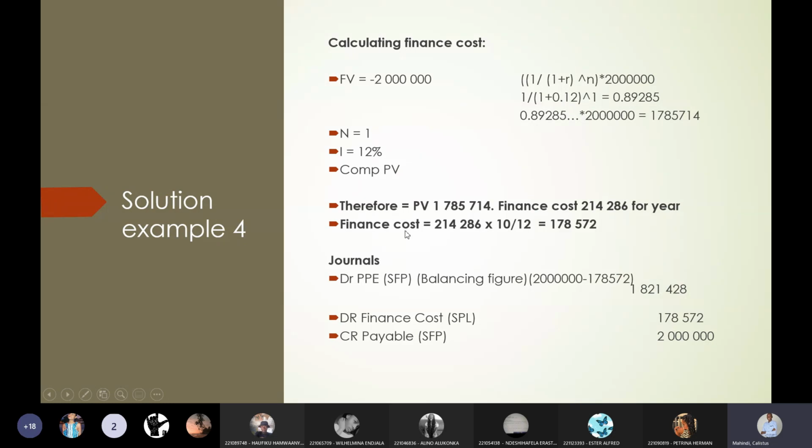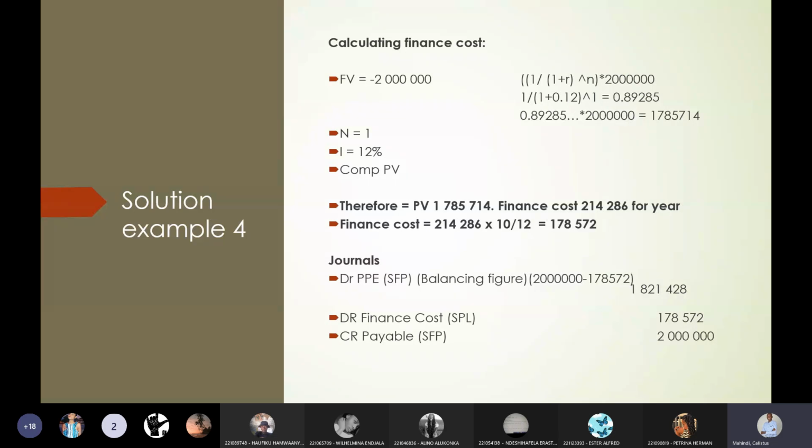Once you do that, you're going to get a present value amount of 1,785,714. So this amount, 1,785,714, is the present value of the 2 million on 1st of January 20x6.